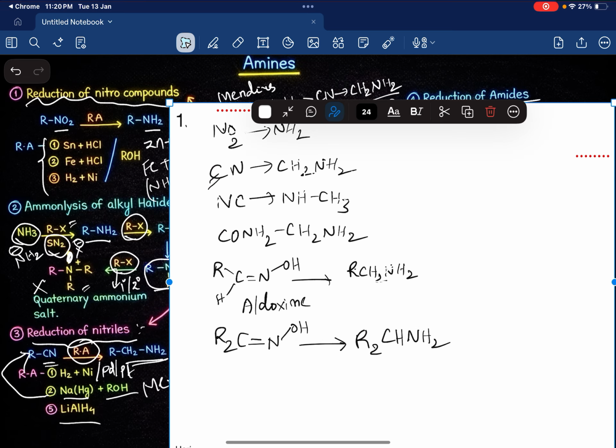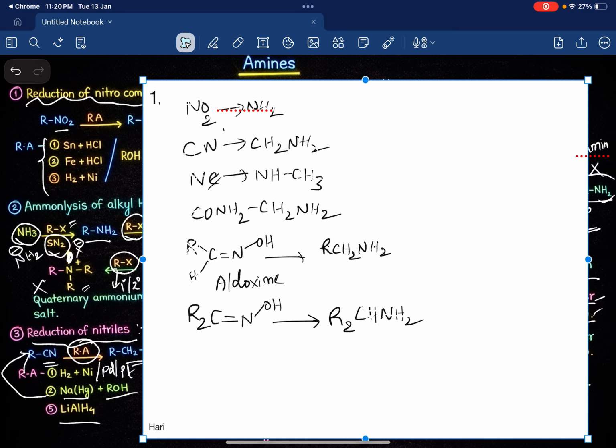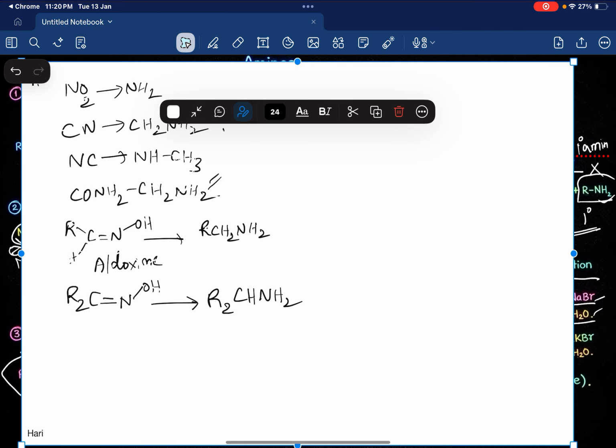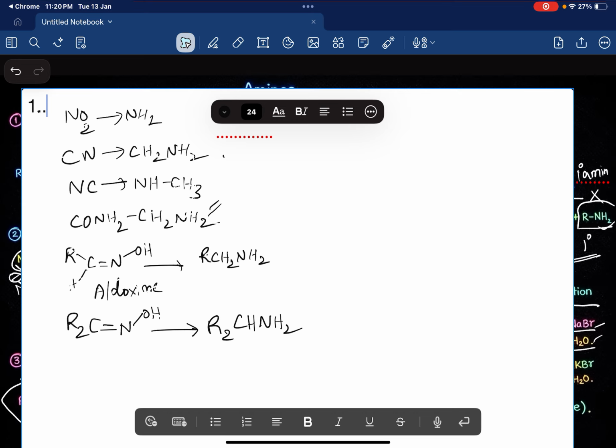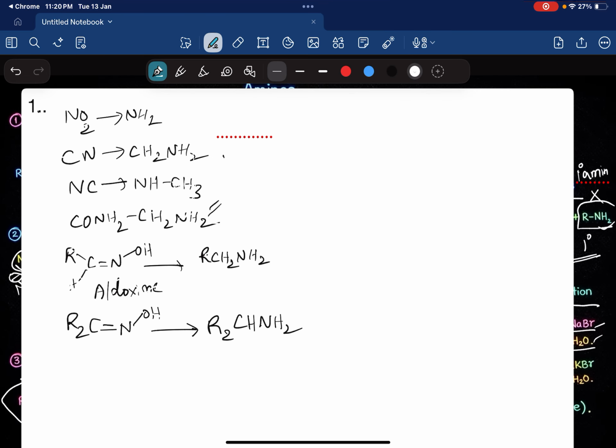So you can write some important points for this. So the first point is the Hofmann degradation process.